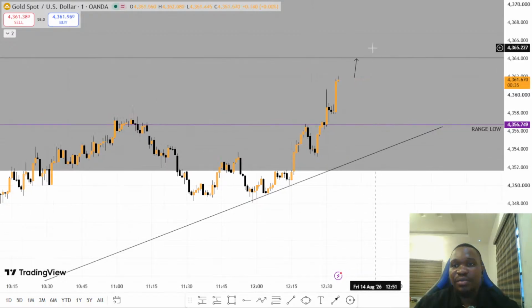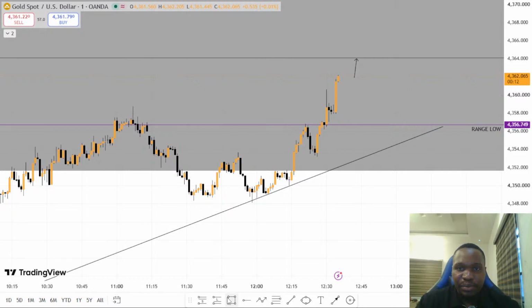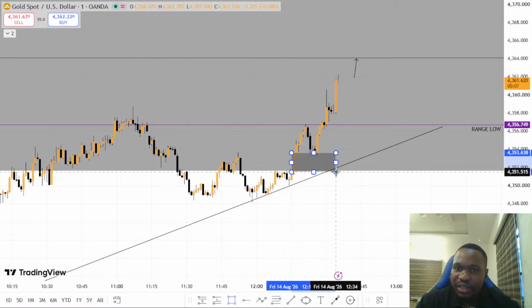So I want to see price reach for this immediately, and afterwards we can attend to questions. You should see a very quick expansion to 4364, a very sharp move. And you see how the pattern has been. See the pullback to the bullish fair value gap, right?